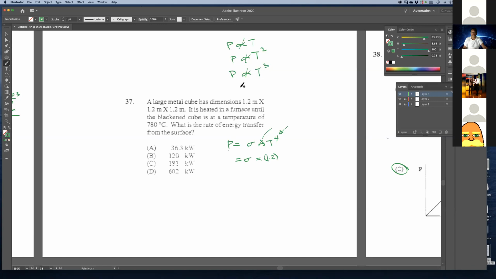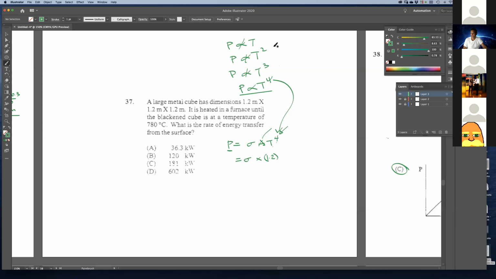But when he plotted power against temperature to the fourth, he found that there's a relationship. Stefan is the one who collected the data, did the analysis, and came up with this relationship, that power is proportional to temperature to the power 4, and not any other power of temperature.